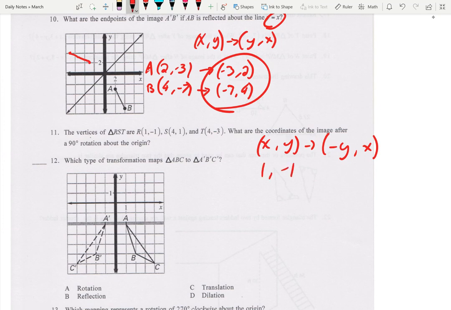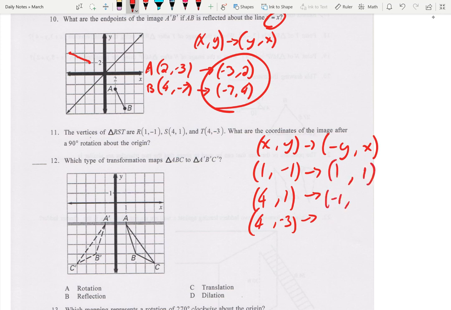We have 1, negative 1, 4, 1, and 4, negative 3. So following that rule, the y is going to go first. It's going to change sign. It's going to be positive 1, and x remains positive 1. Y will change the sign to negative 1, x stays positive 4, and y changes the sign to 3, x remains positive 4. So those points will be your answer according to this rule.